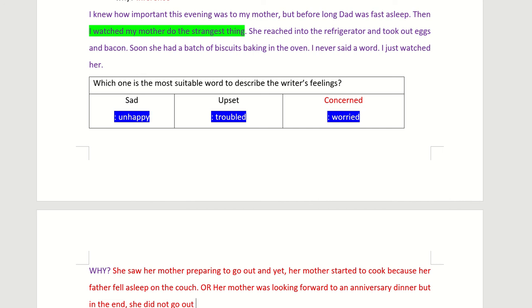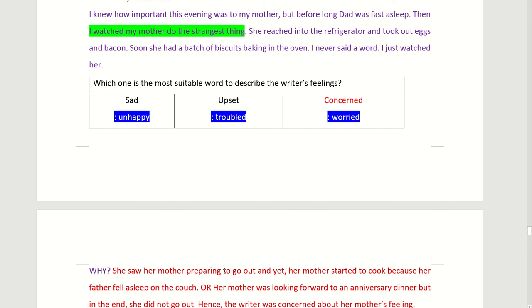So hence the writer was concerned about her mother's feelings. Why was she concerned? Okay. She saw that her mother was preparing so much to go out.